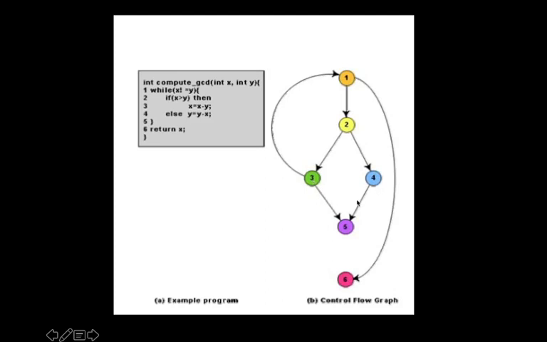From 3 and 4 it goes to the 5th statement, which is this brace. Then it has to repeat, so from 5 it goes to 1. If the condition is false, it goes directly to 6. So this is the control flow graph.